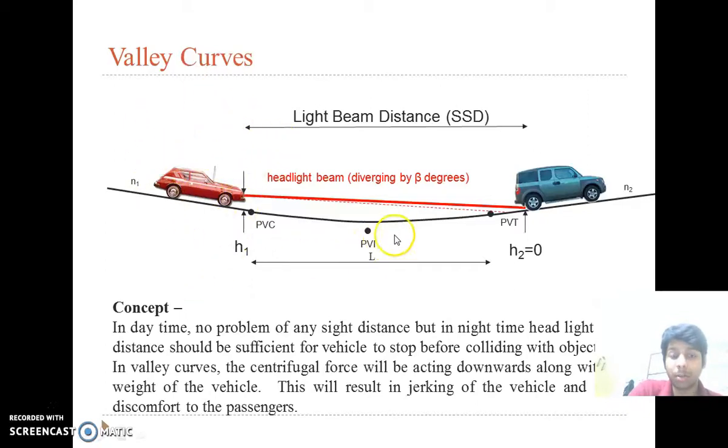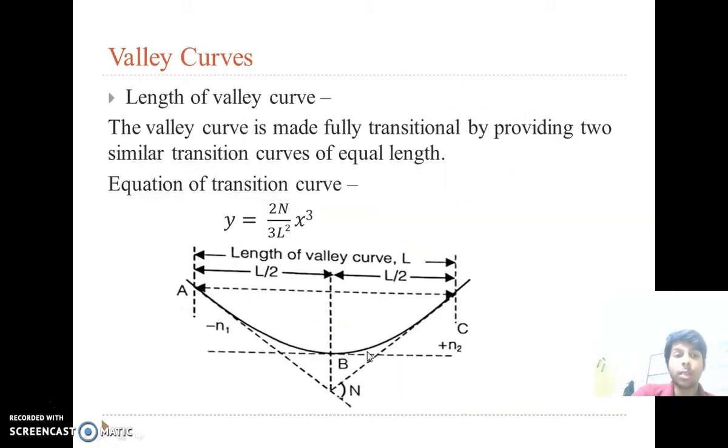We must also take care about the drainage, because in the valley there are chances of accumulation of water in the rainy season. So for valley curves, we are providing two transitional curves. First one is here, then another one is here.